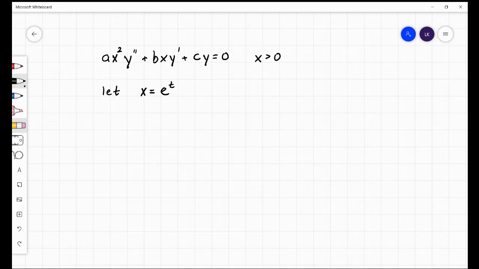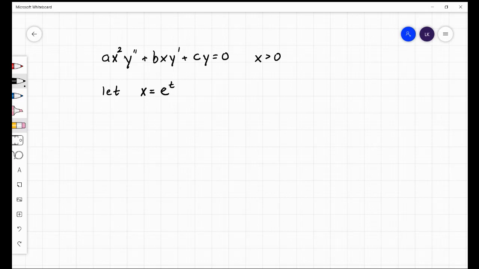So x is positive, the exponential function is positive. So this is sensible. Okay, and then we're going to try to replace all instances of the independent variable x with the new independent variable t. And that's going to turn this Euler equation into a second order equation with constant coefficients in the new independent variable t.